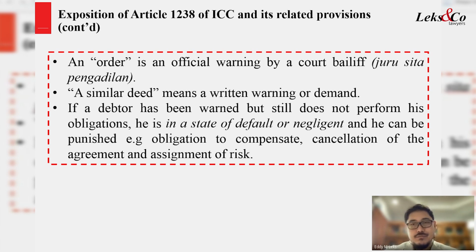Or we agree on some amount that you have to pay if you are defaulting. Or many other things. You simply say that I have the opportunity to cancel, terminate the agreement, for example.